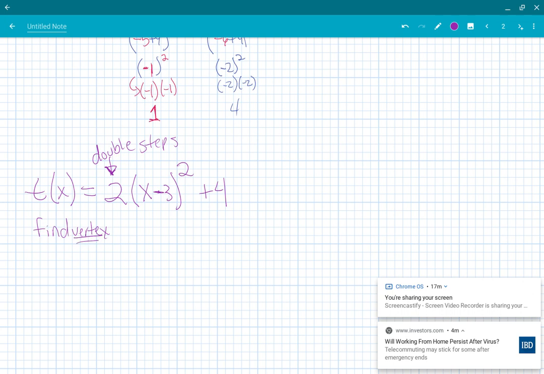Well, we're going to find the x of the vertex, right? All right. And what number will go in here that'll make this become 0? 3. So that's going to give us 3 as the vertex. All right. Now let's do some math.